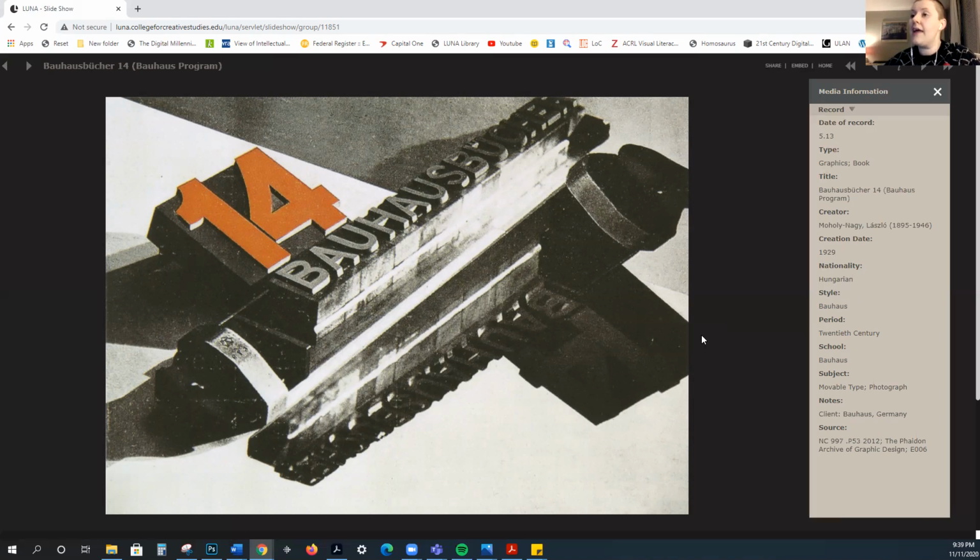So movable type. And there is this interest in paring things down to very universal forms, really taking away any excess ornamentation. So this is coming right around 1920, in the 1920s to early 30s.